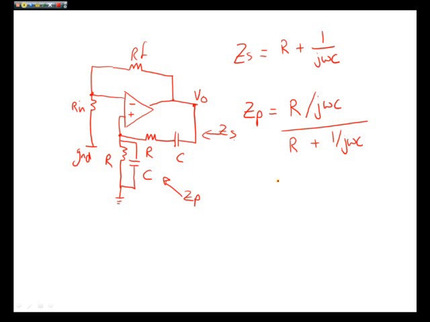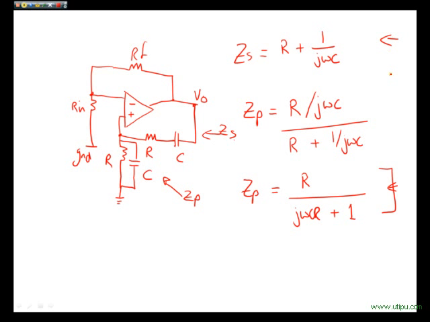Why don't we multiply the numerator and denominator by j omega C, and we will clean up ZP. We're now left with R divided by j omega CR plus 1. I think that's an awful lot easier expression for ZP than the one above it.